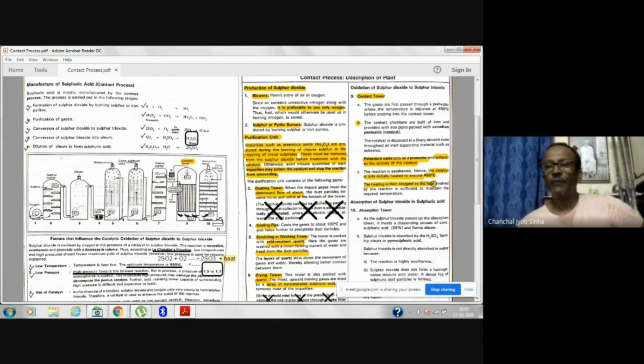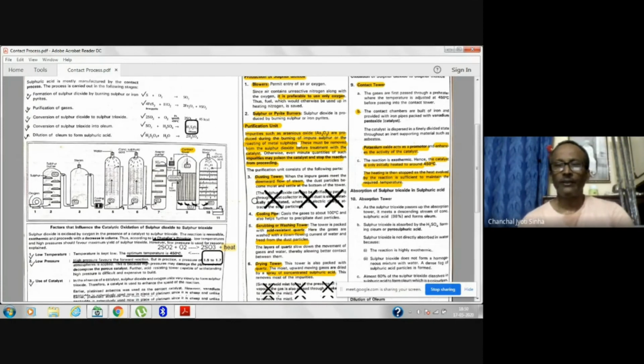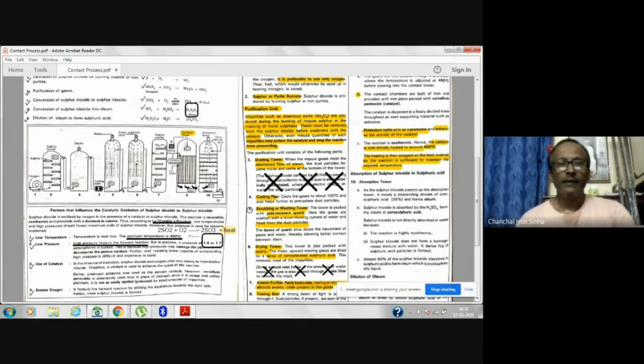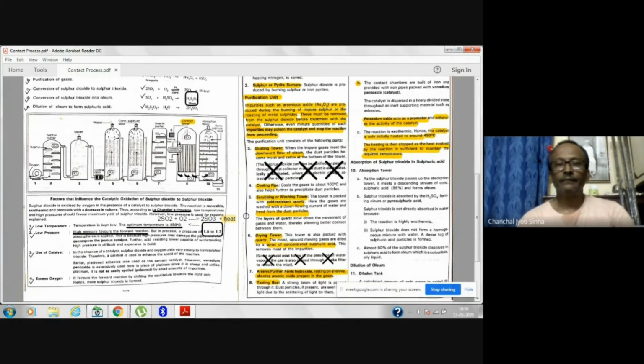As the heat evolved within the reaction is sufficient to maintain the required temperature of around 450 degrees centigrade, external heating is not required continuously. Then sulfur trioxide gas is produced here.